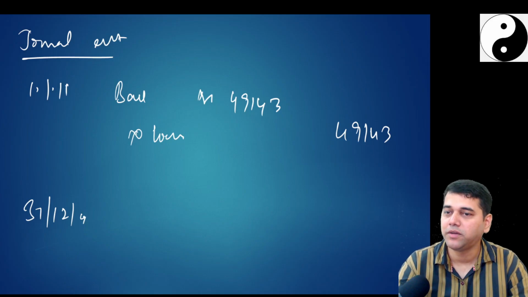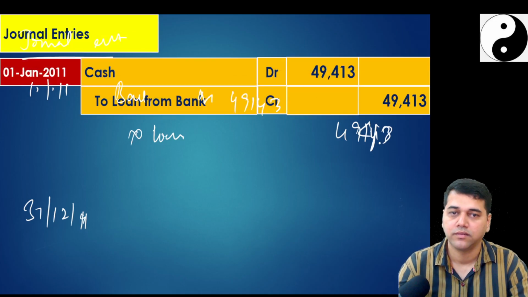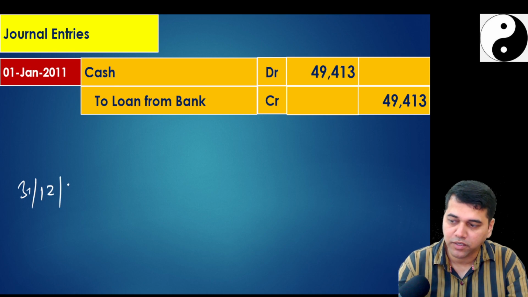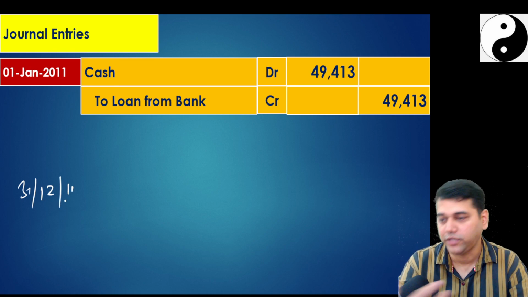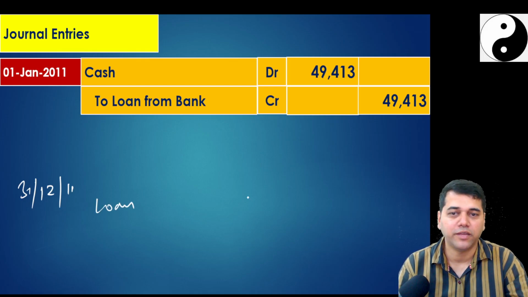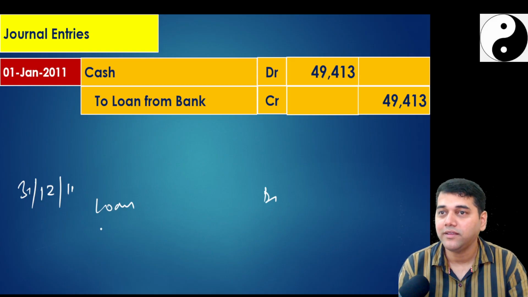On 31st December 2011, can you tell me the journal entry? I am interested to hear that journal entry from you. Loan account debit, how much? Yeah, tell me the entry first.